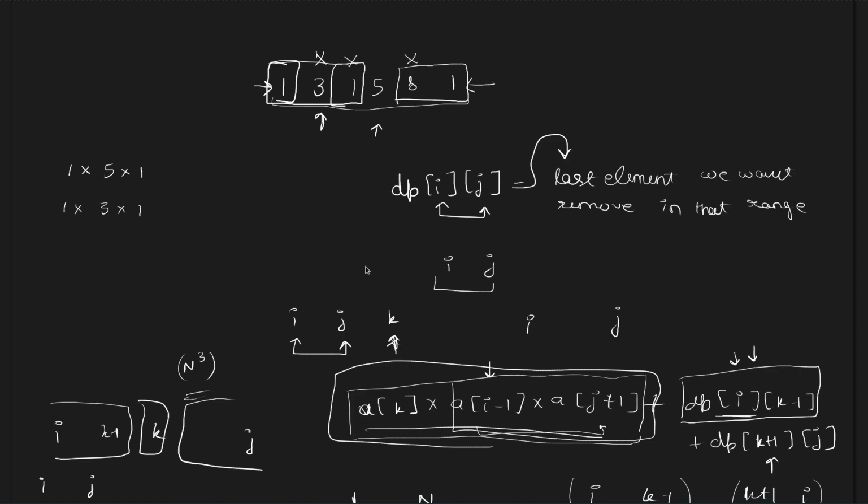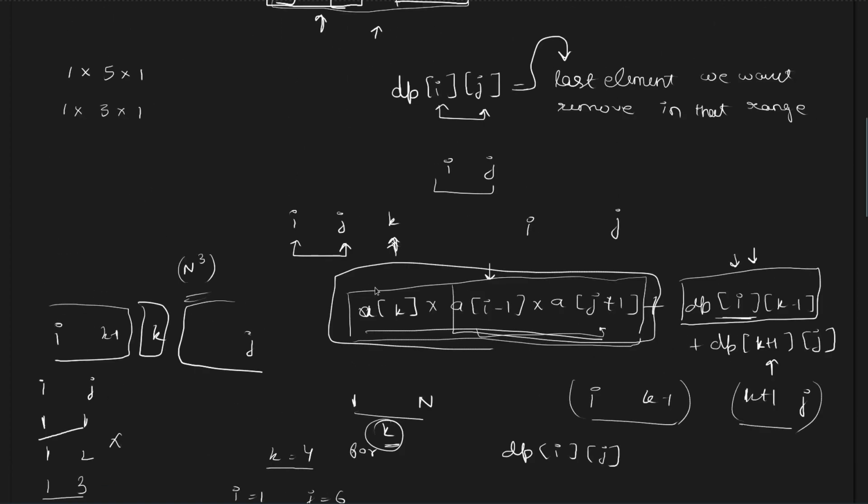Because if it is the last element to remove and I know the range in which it is the last element to remove, I can multiply it by the opposite ends of the range. So I decide that in any range i to j, I will take the last element that I want to remove after all the other elements have already been removed.